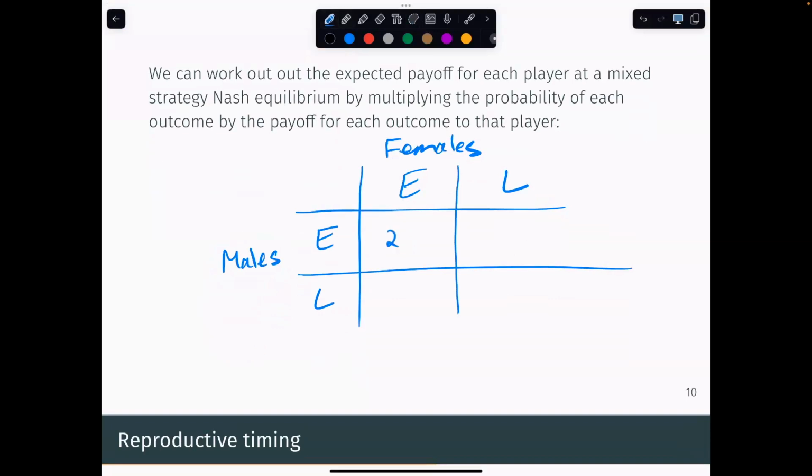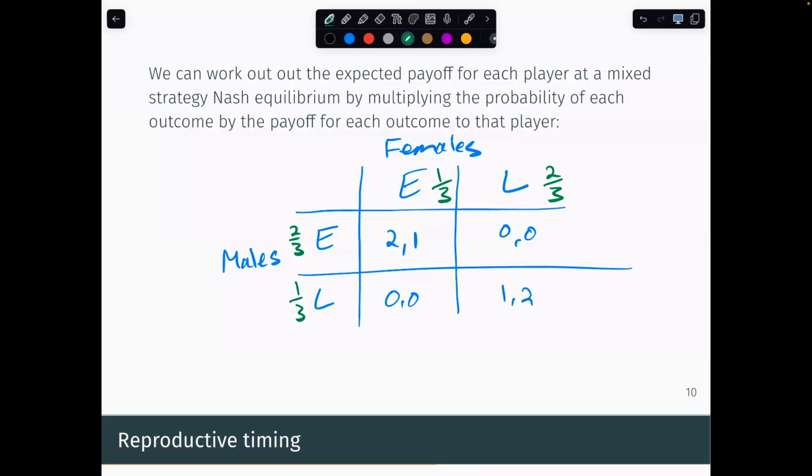Okay, so one way you can look at this is we just write out our payoffs again. And then we know that males are going to mate in the early season with probability 2/3, and in the late season, probability 1/3. Females are going to mate in the early season with probability 1/3, and late season, probability 2/3.